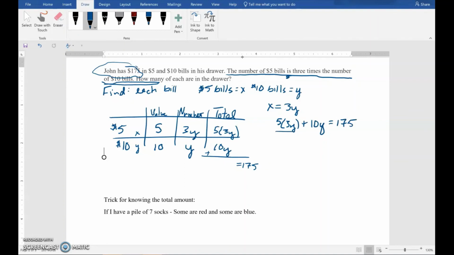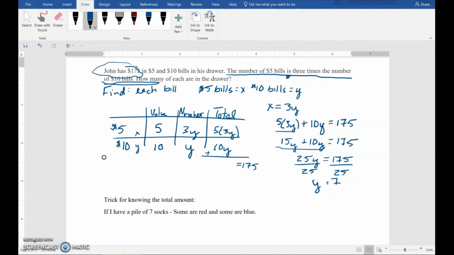So 5 times the 3y is 15y plus the 10y. Combine like terms, 25y. Next step is to divide by the 25. Handy dandy calculator tells us that's 7.